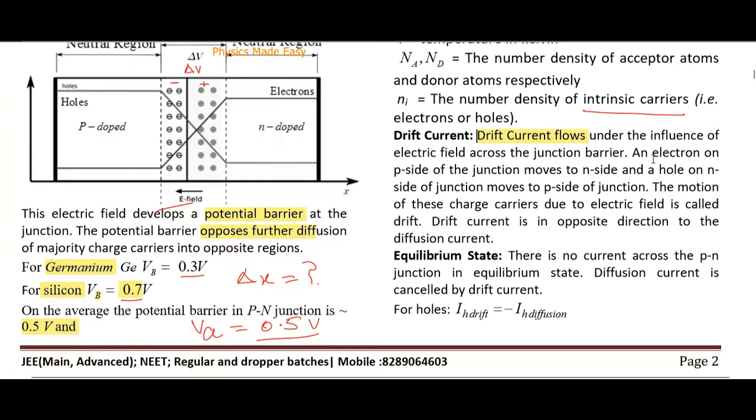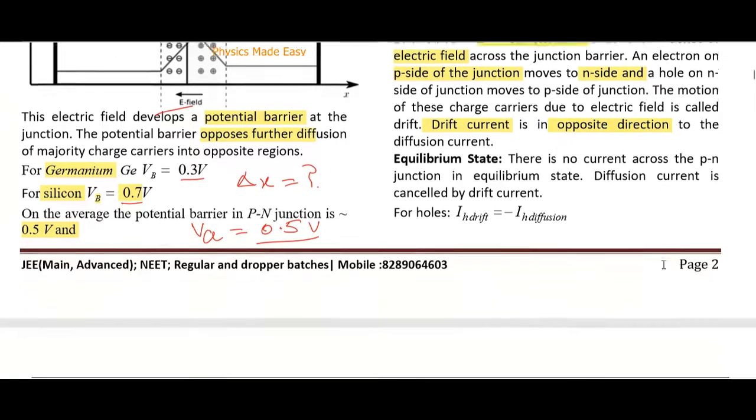Drift current flows under the influence of electric field across the junction barrier. An electron on the P side of the junction moves to N side. A hole on the N side of the junction moves to the P side of the junction. The motion of these charge carriers due to electric field is called drift. Drift current is in opposite direction to the diffusion current.